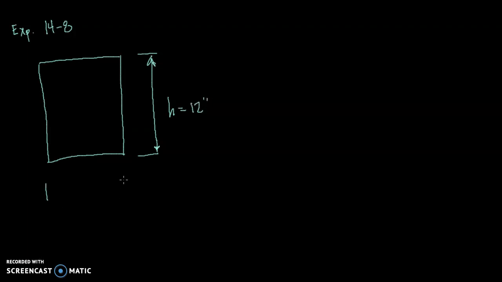The width of the cross section, B, is given to us as 8 inches. And it is subjected to a maximum shear force. So they just give us the shear, and V is equal to 7,000 pounds. We want to first calculate the shear stress at the neutral axis.